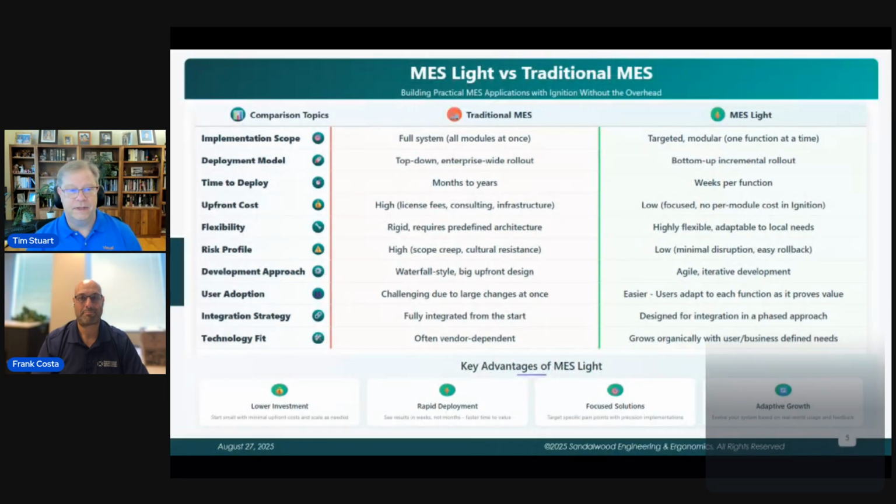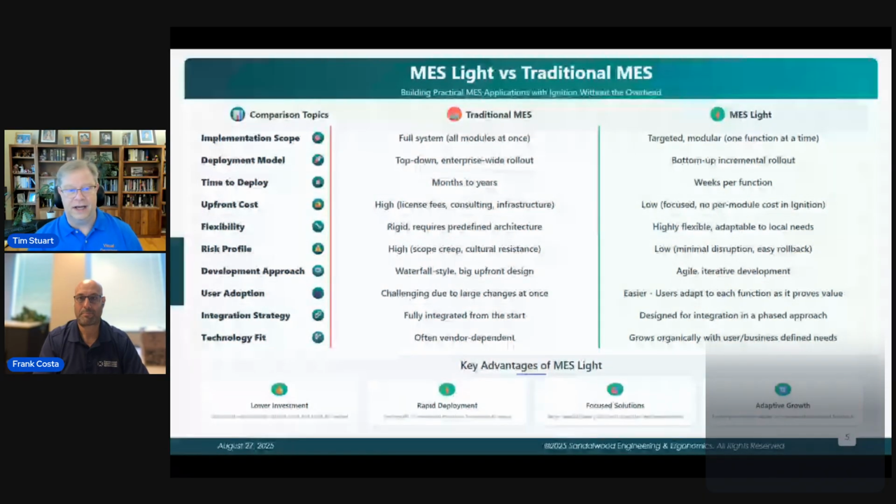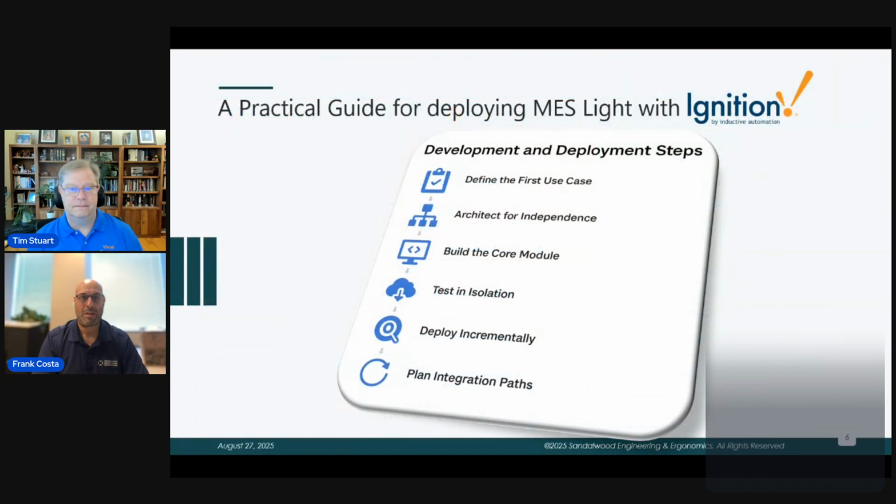For sure. So let's change it up a little bit and talk about what the actual deployment model looks like for this. Sure. So I've put together a 6 or 7 step approach to deploying MES Lite with Ignition.